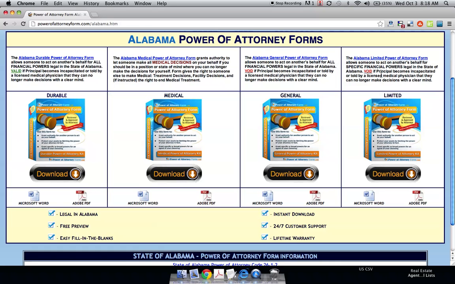Now, the limited power of attorney form is another financial one, but it is only for specific financial powers. For example, it can be for anything as small as, say, you're never around your office and you want your secretary or a legal assistant to pick up all your mail for you, and maybe do some banking or pick up a car for you.